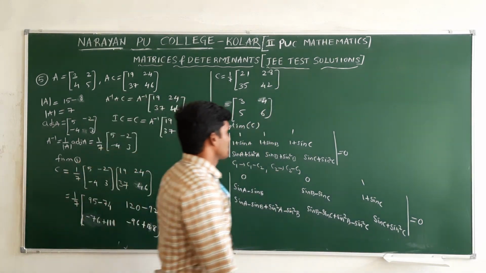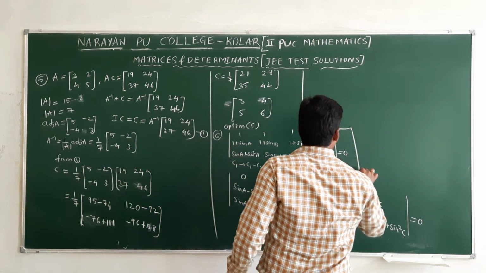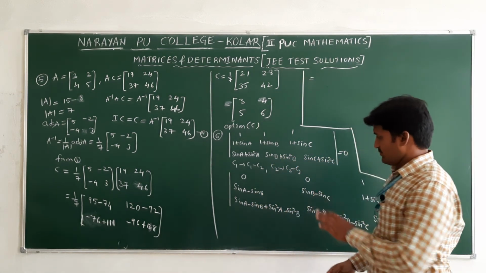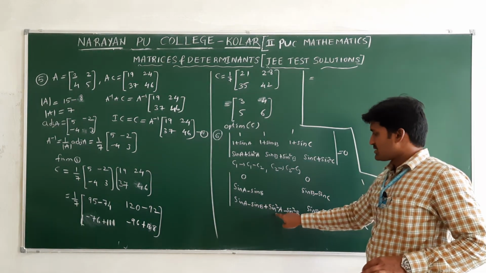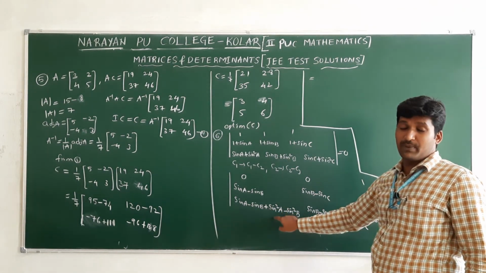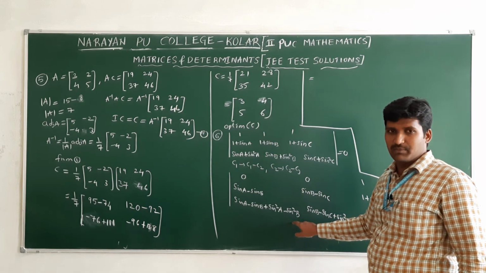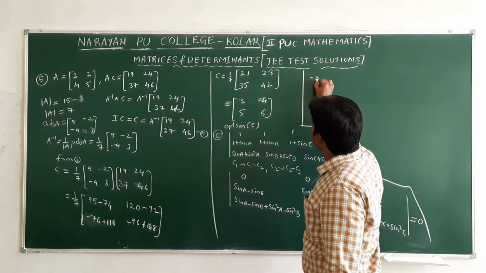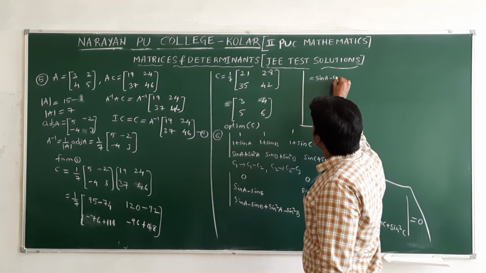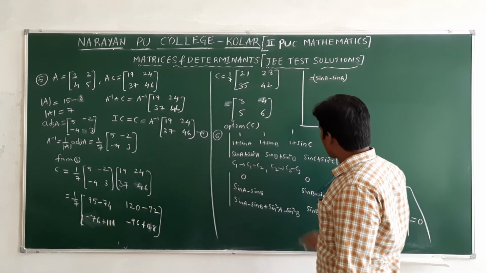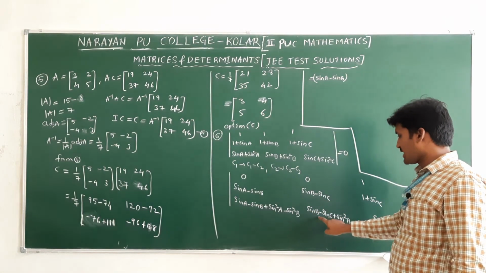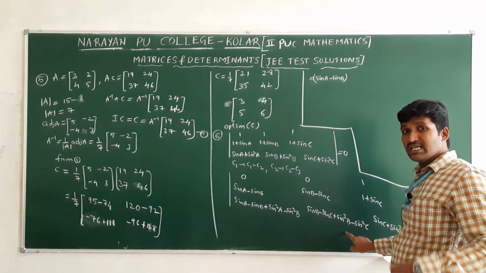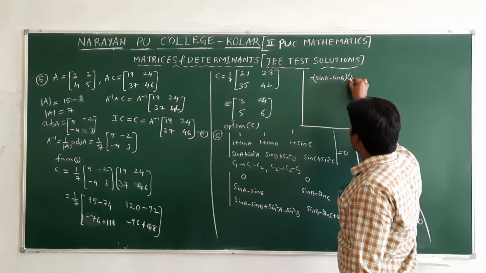Here, in the first column, this is sin A minus sin B, and this is like a square minus b square: sin A plus sin B into sin A minus sin B. That means from the first column I can take common sin A minus sin B. From the second column we can take sin B minus sin C, because here again it is a square minus b square, sin B plus sin C into sin B minus sin C, that term is also common.